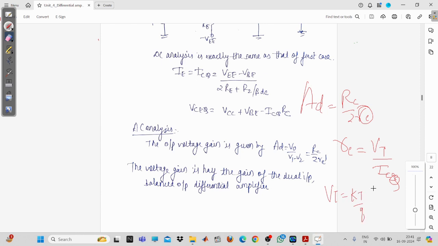KT upon Q, where K is the Boltzmann constant, Q is the charge on a charged particle, and T is the absolute temperature. We cannot guarantee this absolute temperature, it is going to vary, and if it varies, it is going to vary the RE. So when your RE is varying, it will have a direct impact on the voltage gain. So normally this voltage gain depends upon the RE.